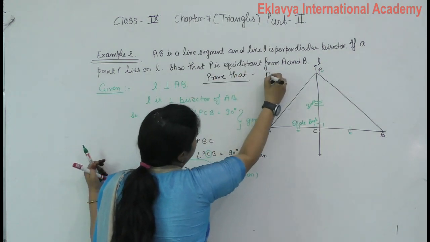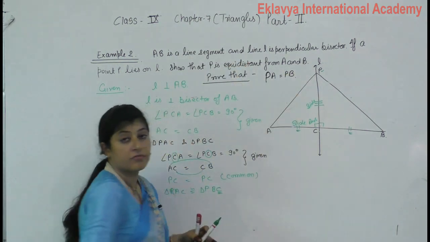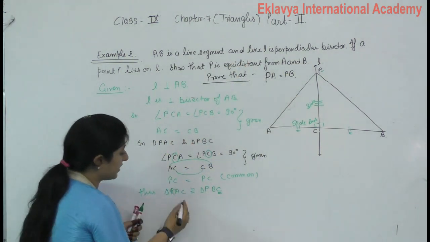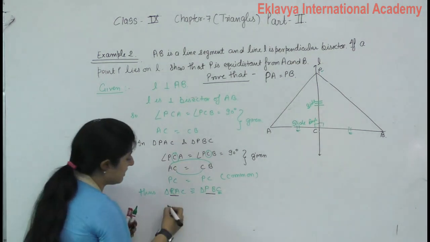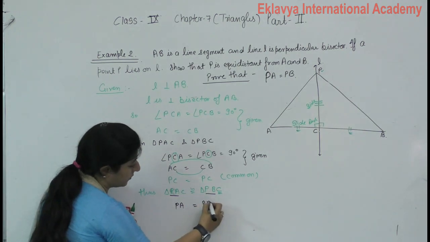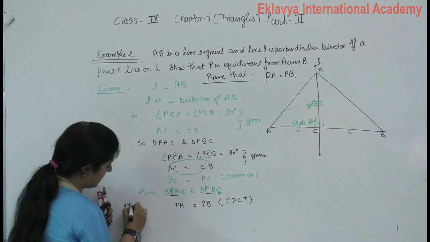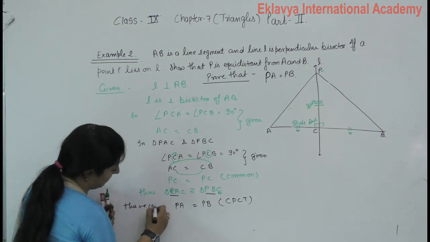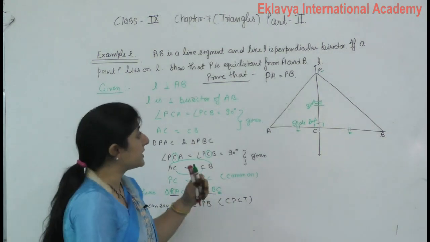Prove that PA is equal to PB. Reason: CPCT. PA is equal to PB, reason is CPCT.